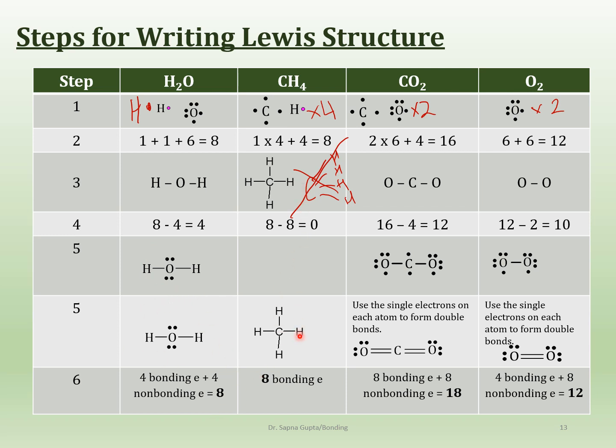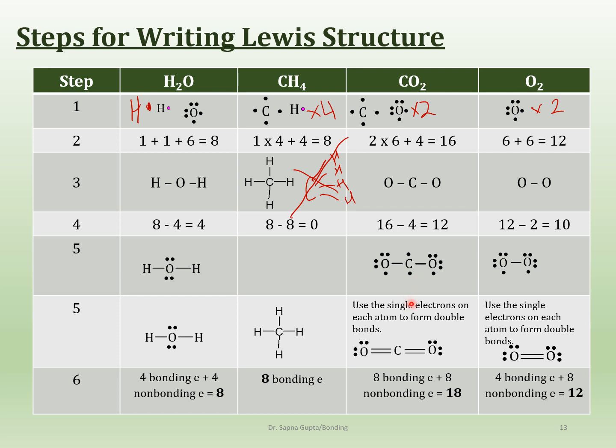Methane was done already, so now let's come on to carbon dioxide. We have 12 electrons left for carbon dioxide, so you need to distribute those electrons. Now remember, carbon is supposed to have 4 pairs of electrons, so you cannot give it any more electrons than it can handle.